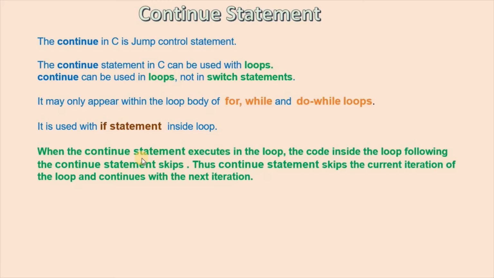When the continue statement executes in the loop, the code inside the loop following the continue statement is skipped. Thus, the continue statement skips the current iteration of the loop and continues with the next iteration.